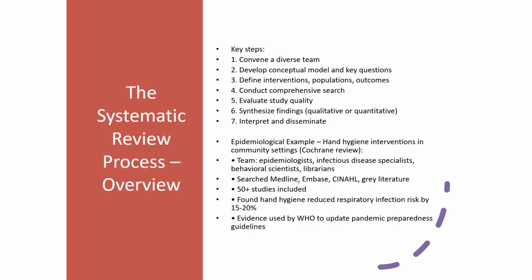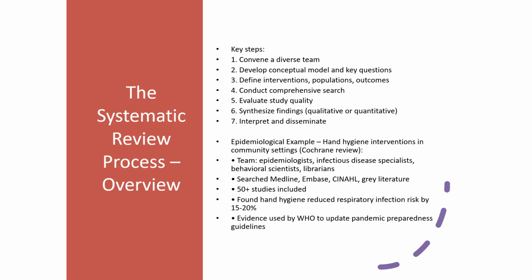Let me give you an example of a real systematic review team in action. The Cochrane Review of Hand Hygiene Interventions in Community Settings brought together epidemiologists, infectious disease specialists, behavioral scientists, and librarians.